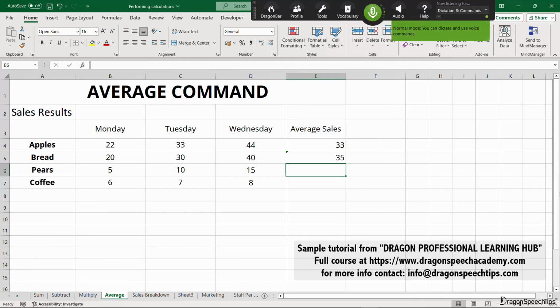Go to cell E8, average cell B4 to cell D7. And to calculate the average number of items sold on Monday, go to cell B8, average the values above.